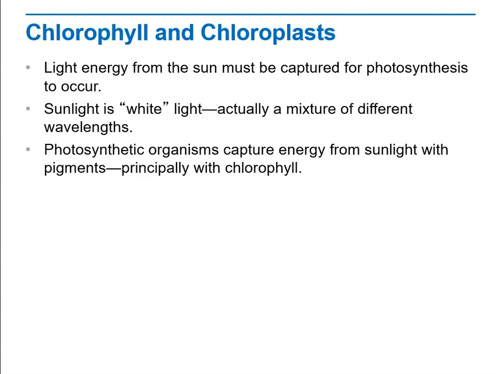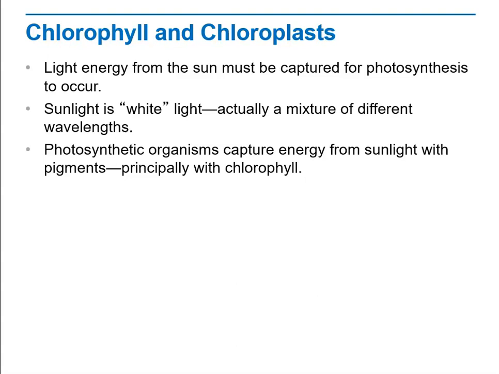You may know the word pigment, and you may associate it with colors. So different pigments are associated with different colors. The principal pigment in all plants is chlorophyll. And the two types of chlorophyll found in plants are chlorophyll A and chlorophyll B. Chlorophyll in the leaves of plants does not absorb green light well.